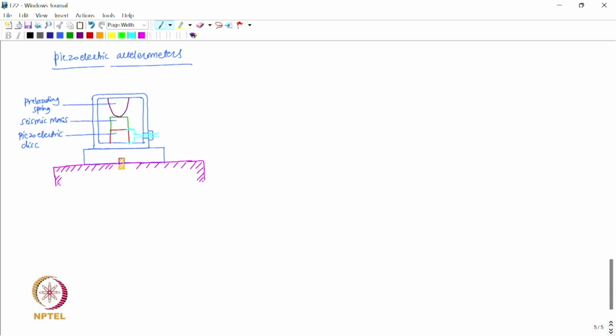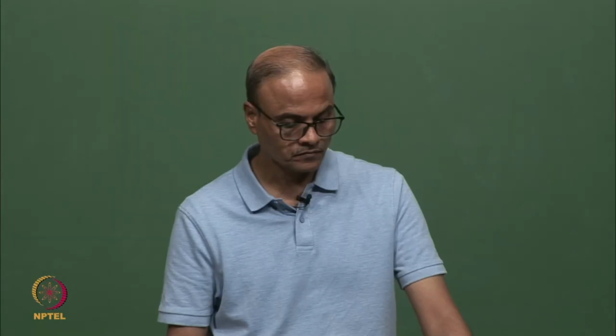So here we get the output. This is the basic arrangement of a piezoelectric accelerometer.